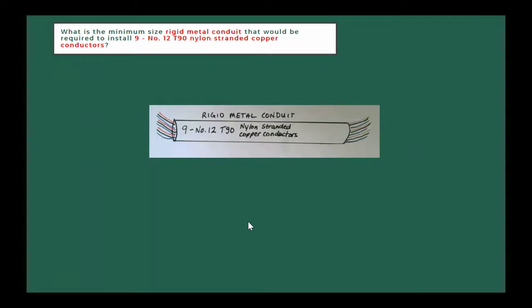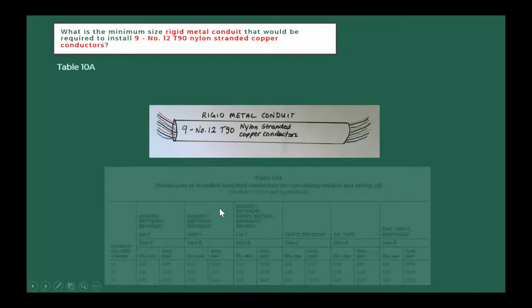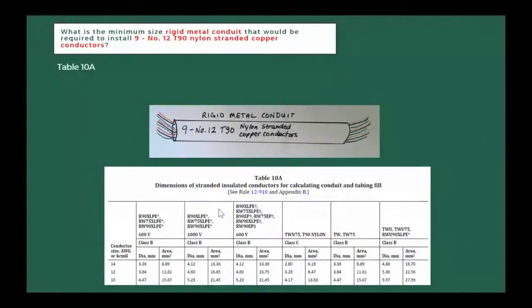In a rigid metal pipe, what would be the minimum size conduit? So first thing I'm going to do, I go to 10A and I look up a number 12, and I got to find T90 somewhere, T90 nylon, right here. See that? T90 nylon.